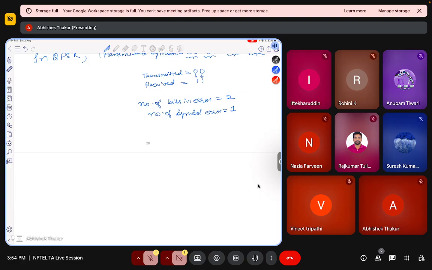Now we will see the constellation diagram of BPSK and QPSK.